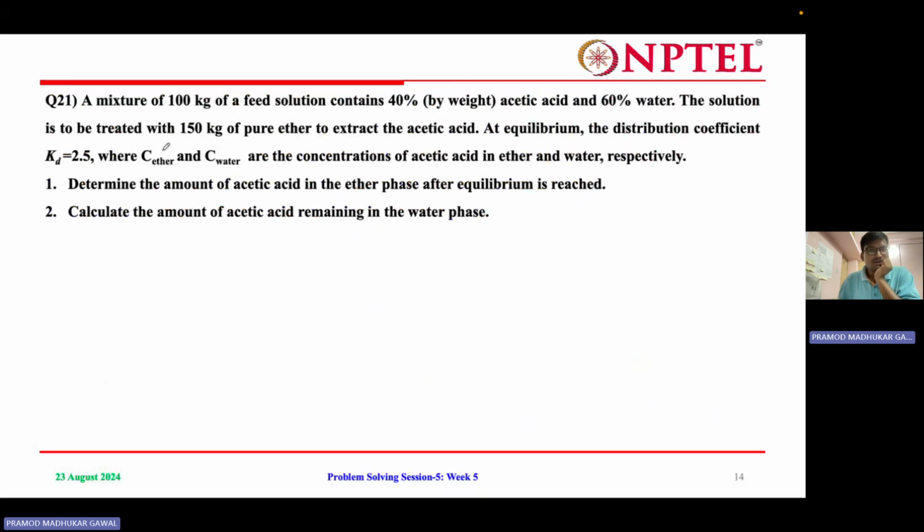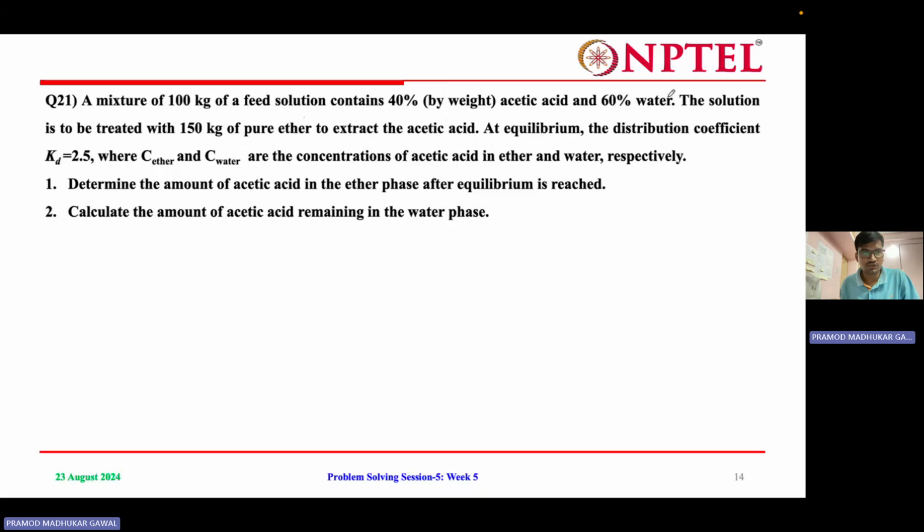Moving to question number 21. A mixture of 100 kg of feed solution contains 40% by weight acetic acid and 60% water. The solution is to be treated with 150 kg of pure ether to extract the acetic acid.